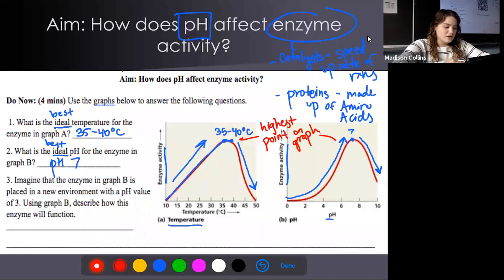Okay. Number 3, imagine that the enzyme in graph B is placed in a new environment with a pH value of 3. Using graph B, describe how this enzyme will function. So for this one, we're going to be using graph B, where we're still looking at pH, and we're going to look at a pH of 3. That would be around here if we use this bottom scale.